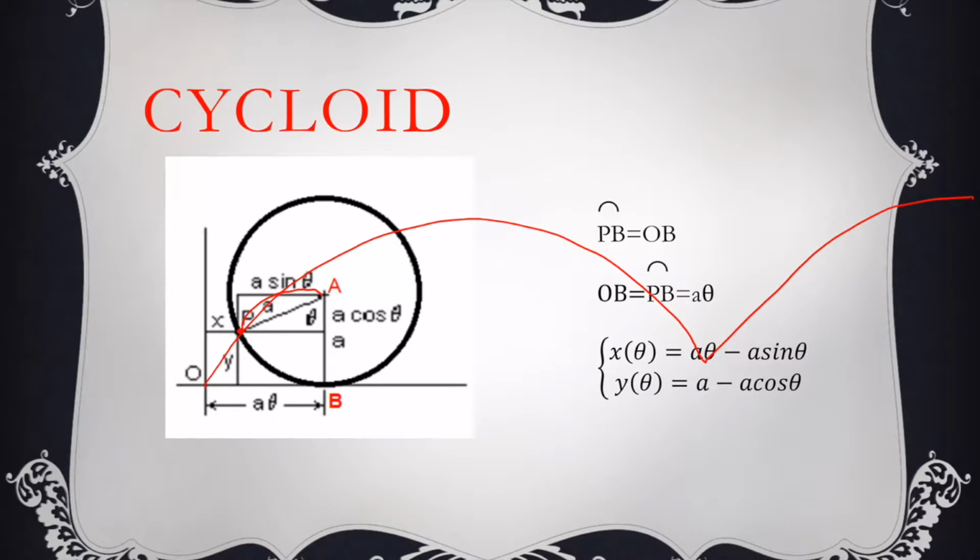Because of that, we know that the x of this point equals A theta, which equals OB minus this length here, which is A times sine theta. And y theta equals A, which is this length here, minus this length here, which equals A cosine theta.